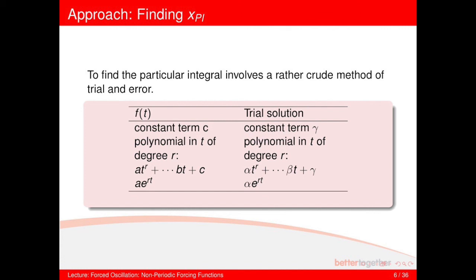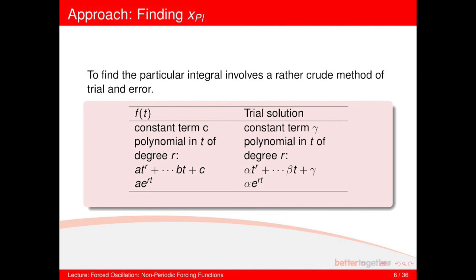You'll see that in a second. If it's a polynomial, so some function of time that can be written as a polynomial, then you try a polynomial of the same order. If this is a t squared term, then the trial function is going to include t. But the alpha and the beta and the gamma and so on, you'll have to solve yourself.